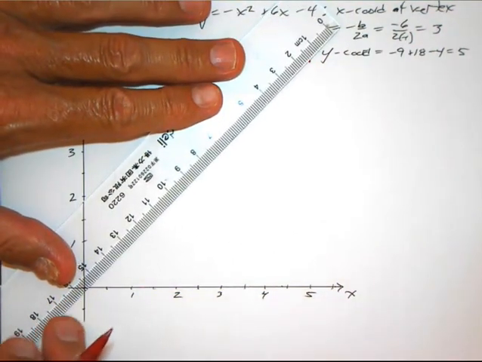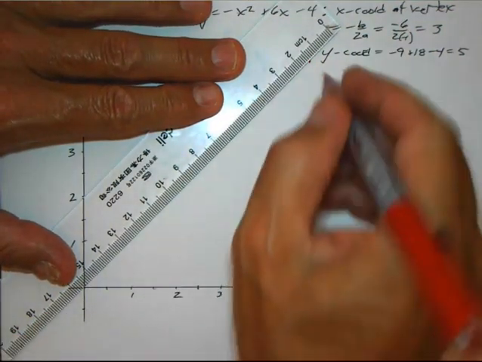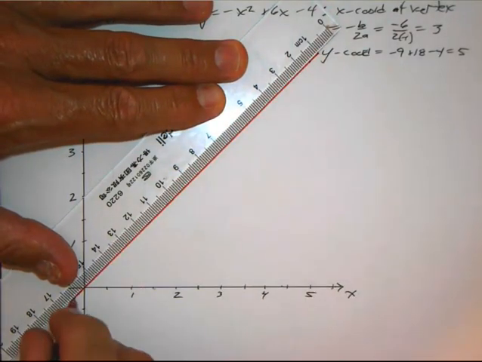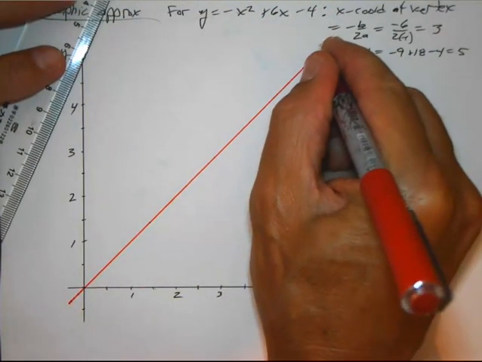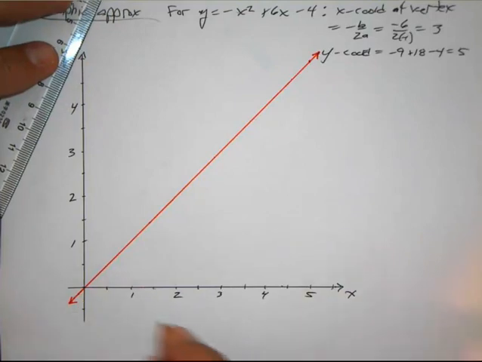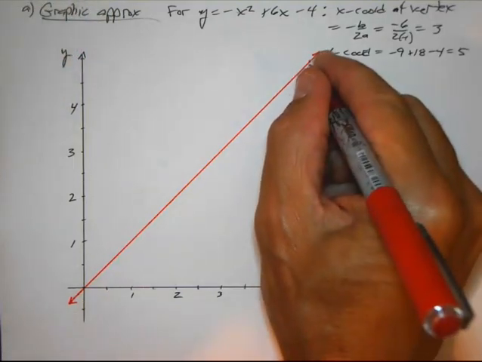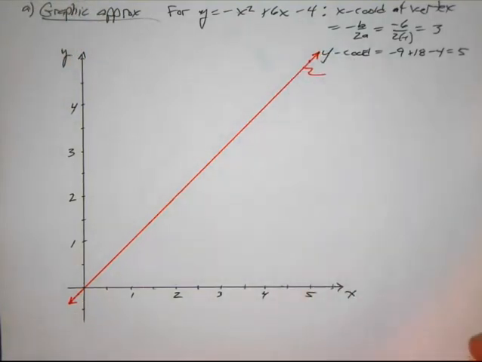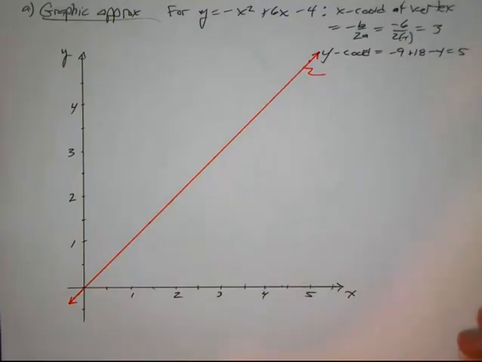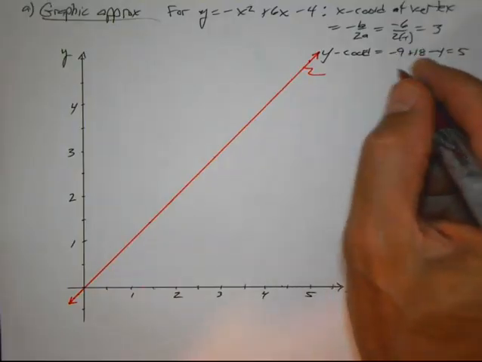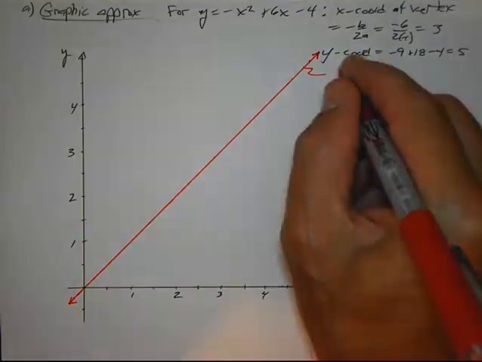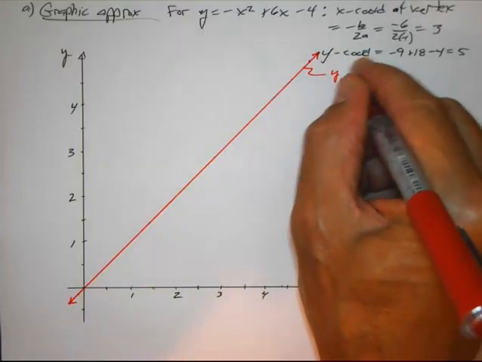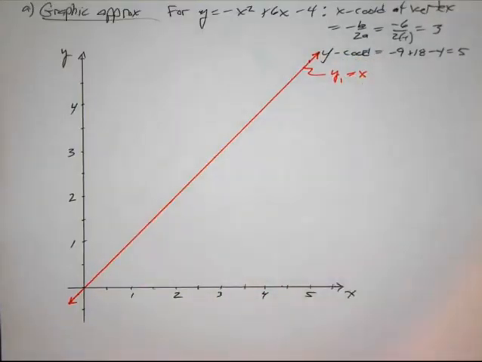Going to use a red color for this graph. Try to use different colors for everything. I'll label this not just y equal to x, but y sub 1 equal to x.